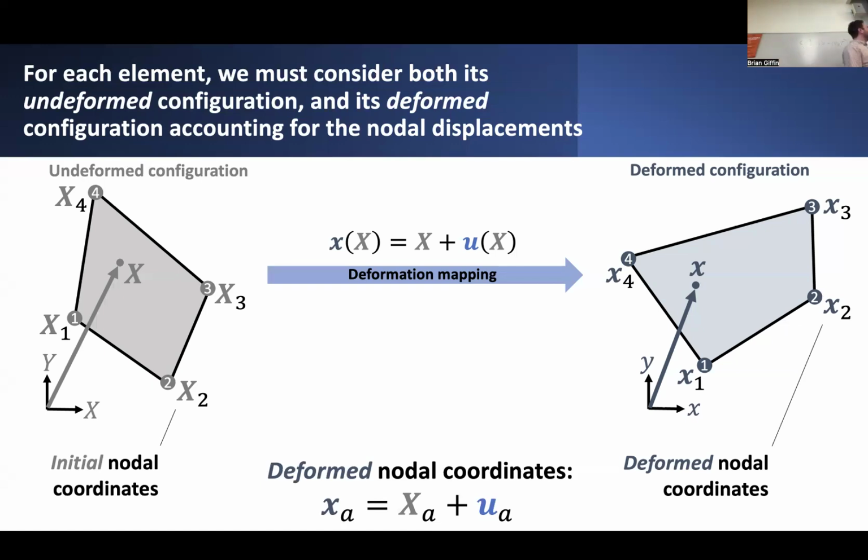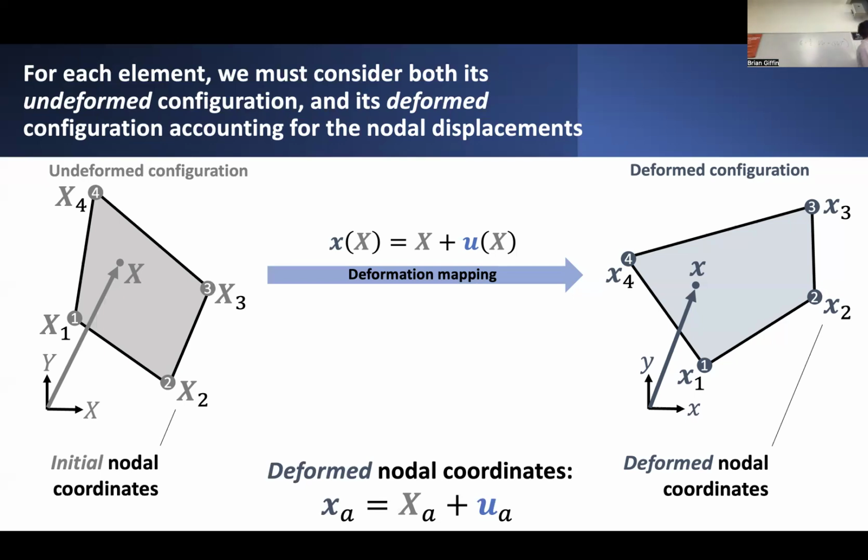So any internal point within this element in its undeformed configuration can be identified as some distinct point, which I'll call capital X. And if I wanted to note how much this particular point displaces internal to this element, I can figure that out by supposing that each one of the nodes of this element will also displace after I run an analysis. And this is the paradoxical thing about running an analysis that is inherently nonlinear.